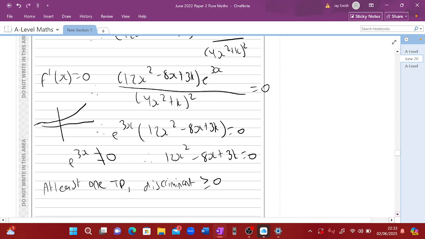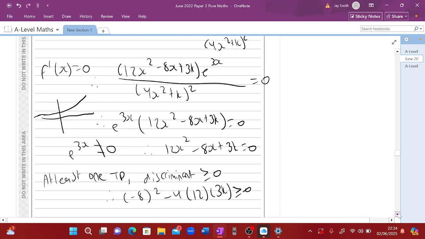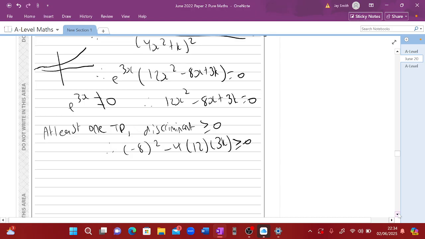So the discriminant is b squared, which is minus 8 squared, minus 4 times 12 times 3k, greater than or equal to 0. And then we just solve for k. So that means 64 minus 1, 2, 3, 48, times 3k is greater than or equal to 0.